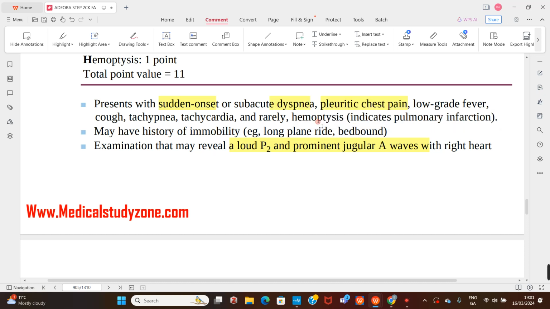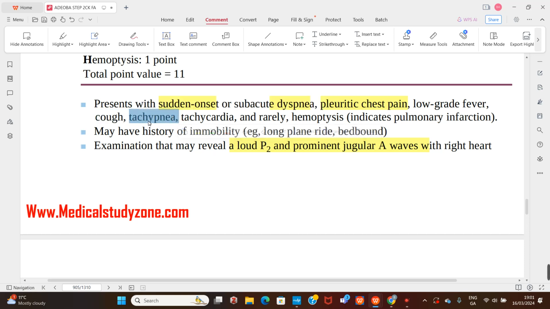So pneumonia can cause pleuritic chest pain. PE can cause pleuritic chest pain, and there might be low-grade fever from the inflammation that is associated with it. It can cause cough, tachypnea, tachycardia.